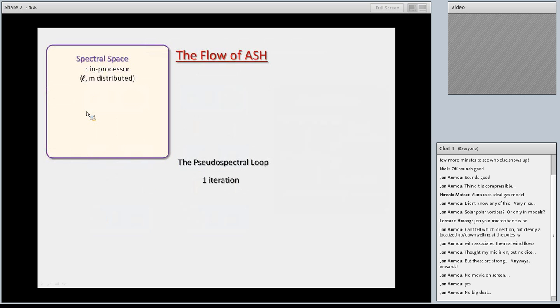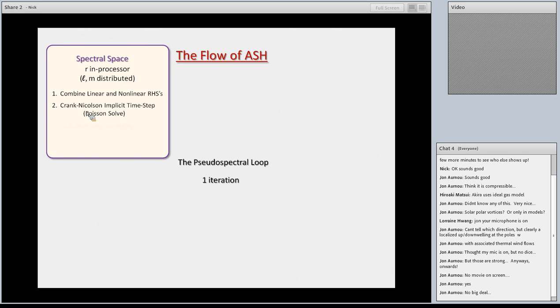When I restructured the code, this changed the flow of the code a little bit. The idea now is that you start out in spectral space, and at some point in the past, or maybe this is the first iteration, you combine the linear and the nonlinear pieces of your right-hand side, and then advance your time step using the Crank-Nicholson method and do your Poisson solve.